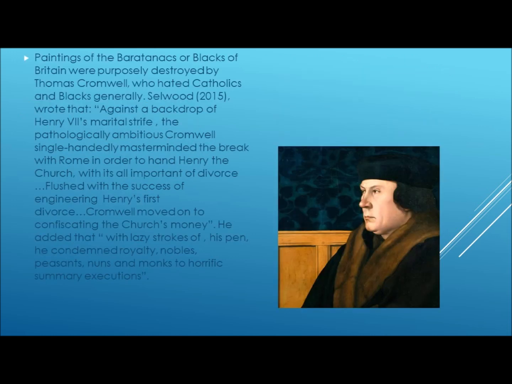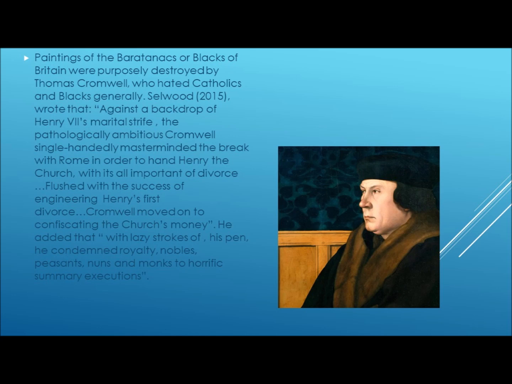Paintings of the marronage, or blacks of Britain, were purposely destroyed by Thomas Cromwell. You can see a picture of Thomas Cromwell on the right. Thomas Cromwell, he hated Catholics and blacks generally. Selwood, 2015, wrote that against a backdrop of Henry VIII's marital strife, the pathologically ambitious Cromwell single-handedly masterminded the break with Rome in order to hand Henry the church with its all-important ability to have a divorce.